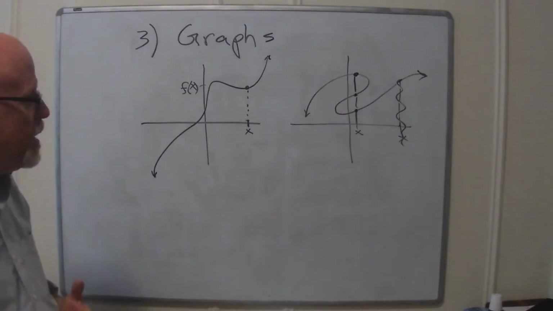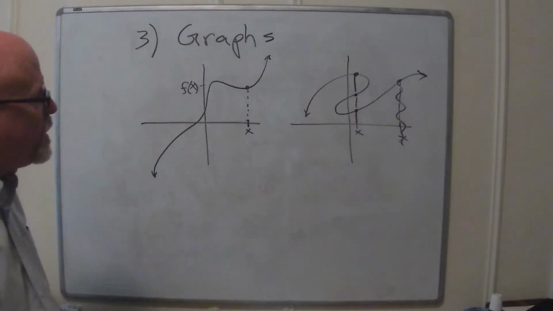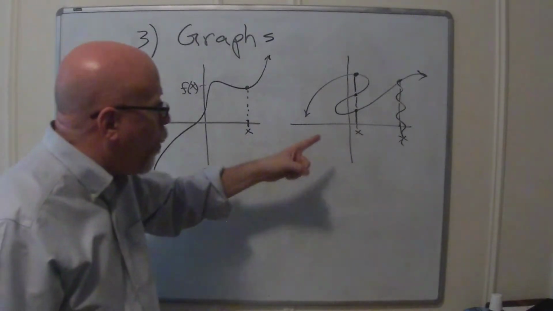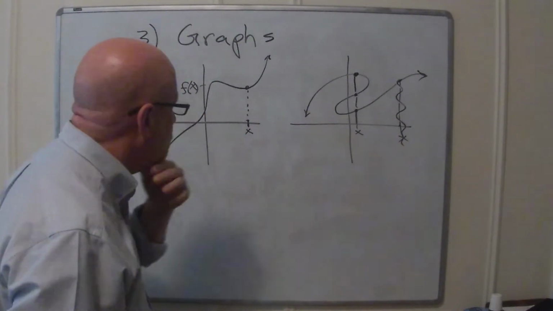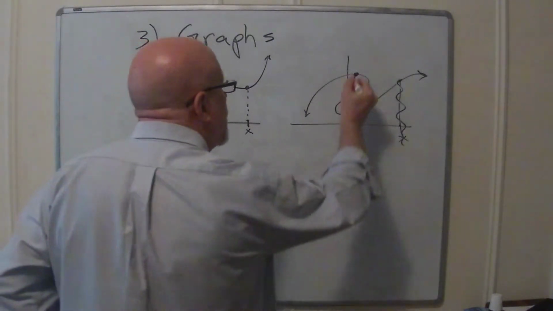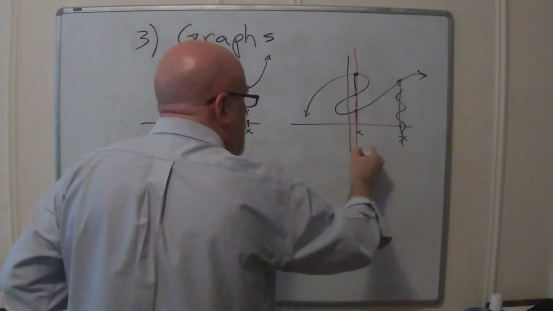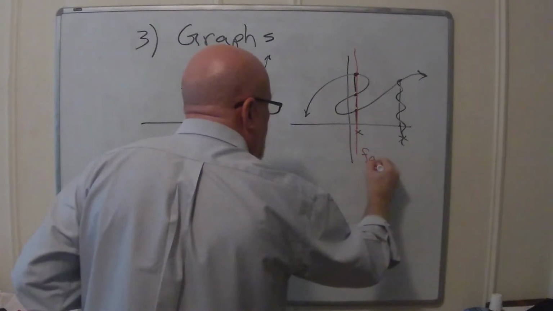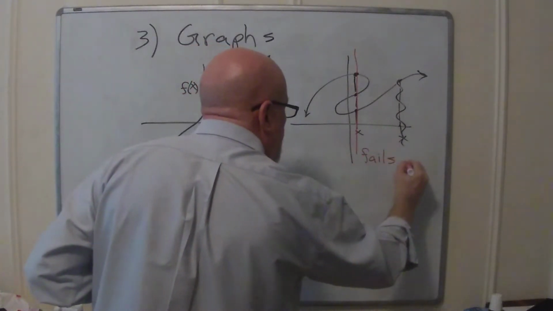Can't have choices like that. Can't have that sort of ability to be inconsistent. x has got to go to one and only one output value. So that's a vertical line that's hitting the graph multiple times.